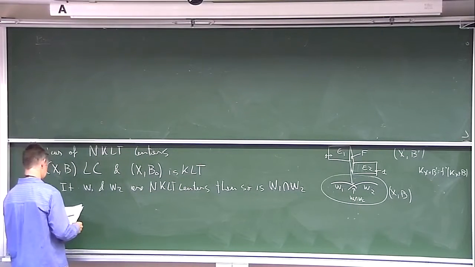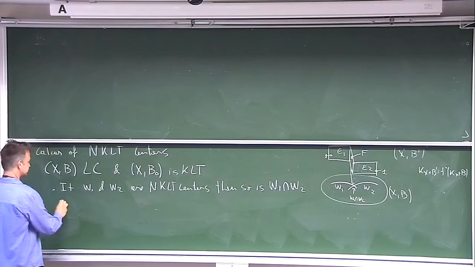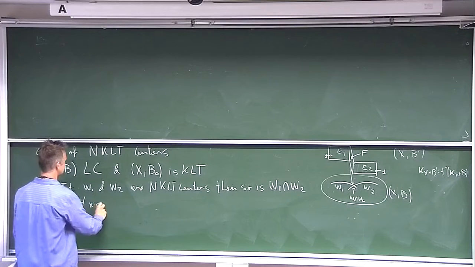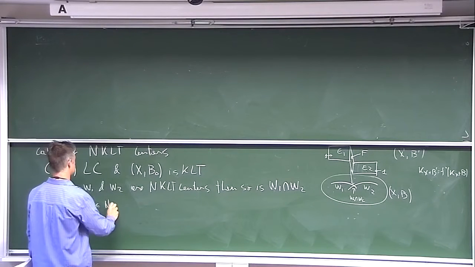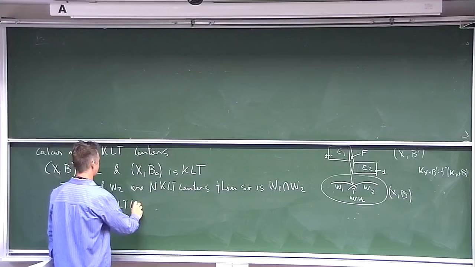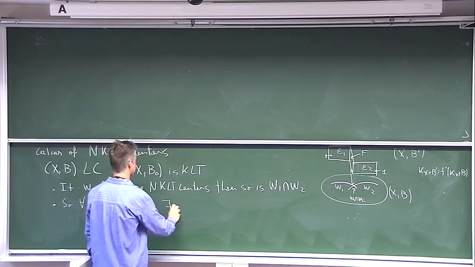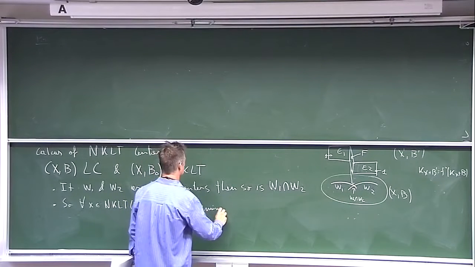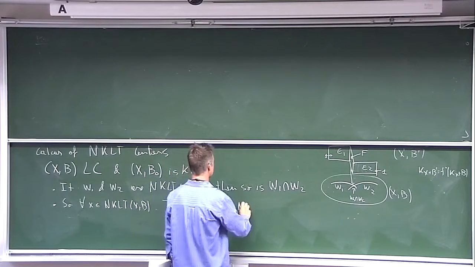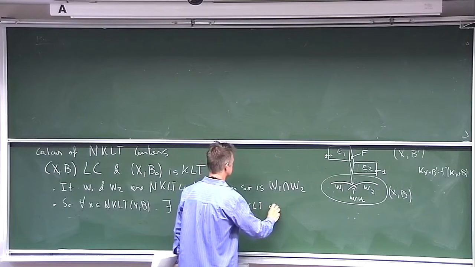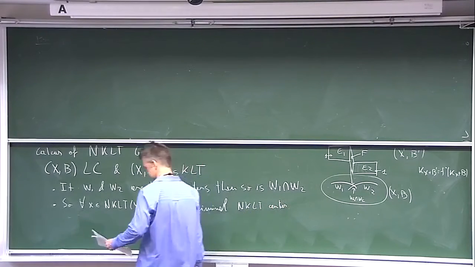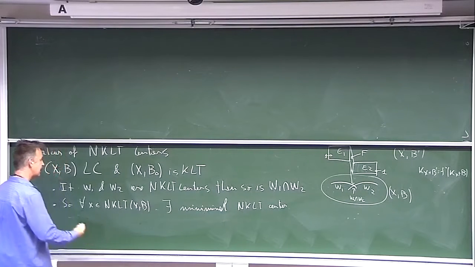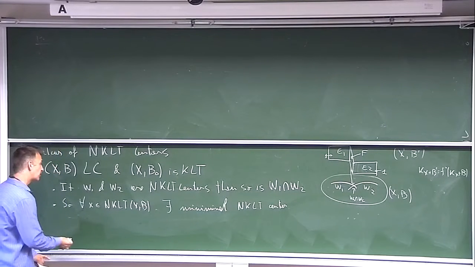So the consequence of this is, for any x in the non-KLT locus of (X, B), there exists a unique minimal non-KLT center. And these minimal non-KLT centers, they're well behaved.